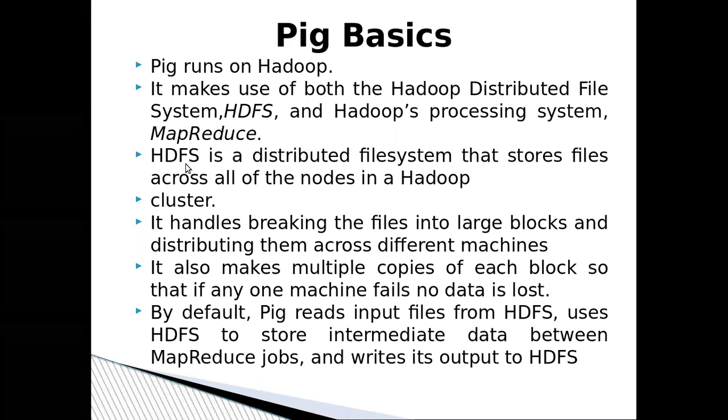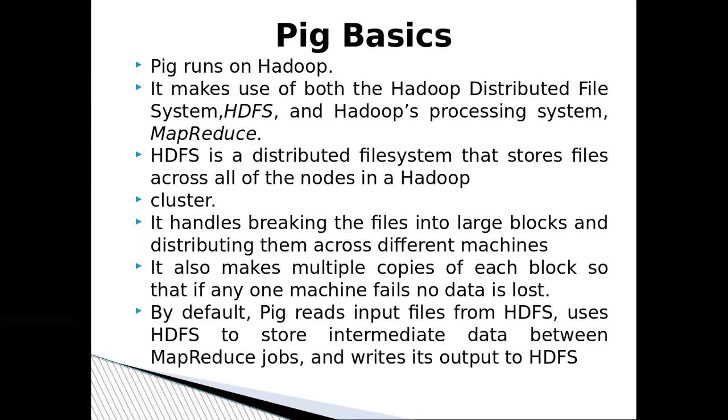And some information about HDFS, which you already know: in the Hadoop distributed file system, large files are broken down into large blocks and distributed across different machines. These blocks are replicated also so that we have the availability of the files at all times.